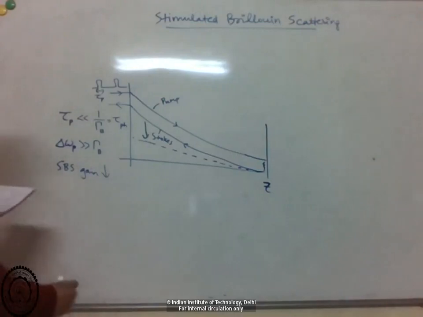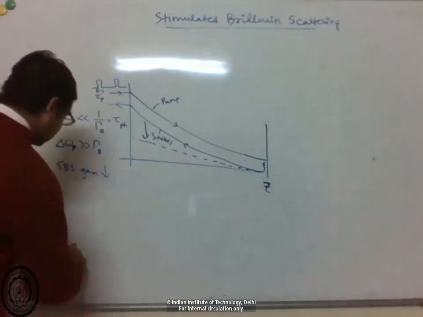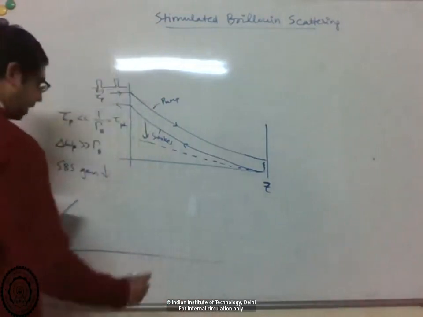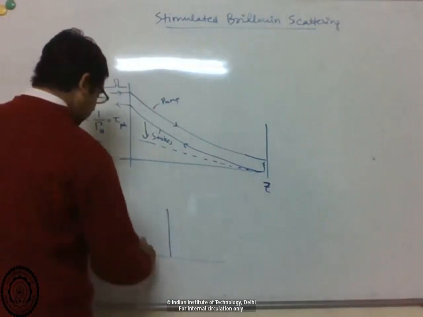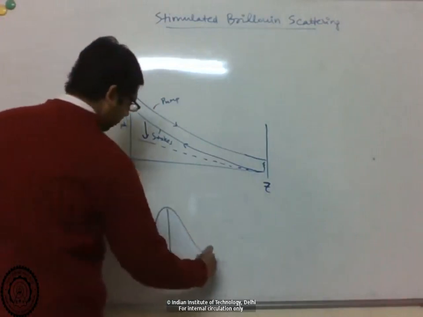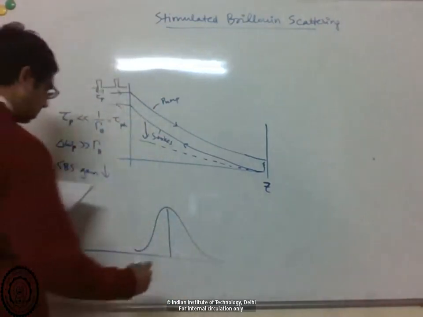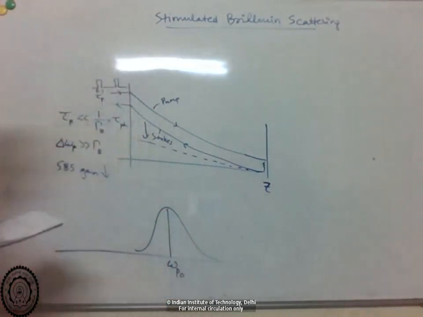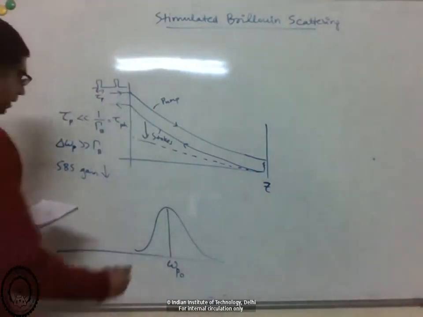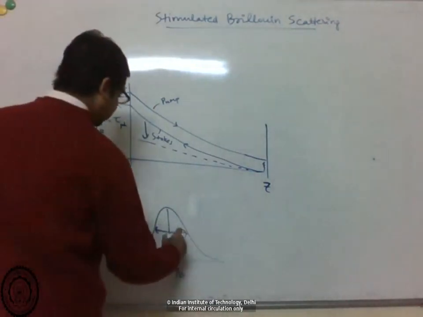Okay, so let's consider a case where, for example, I have a pump which has a finite spectral width. Okay, so it has a center frequency omega p naught, and then it has a spectral width delta omega p.